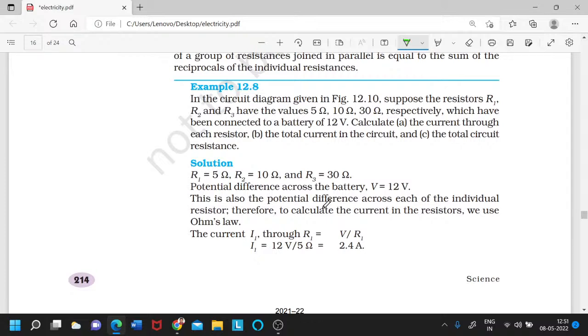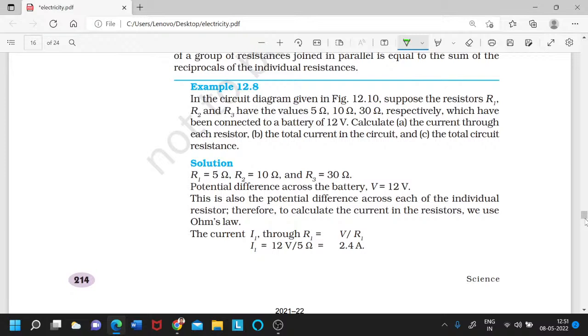Now, the 8th problem we are going to discuss. See, it is a parallel circuit. So we are going to find the total resistance.